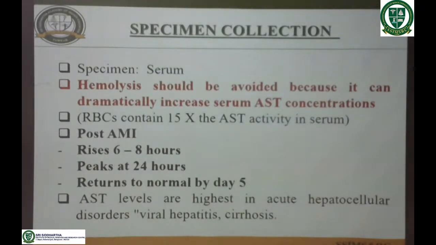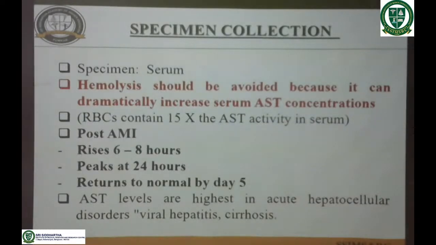If there is hemolysis of the sample, the red blood cells release their contents into the serum sample. Red blood cells contain about 15 times more of this enzyme, which increases the concentration of AST in the serum sample. That shows false positive results.